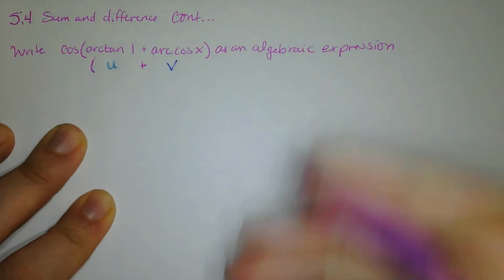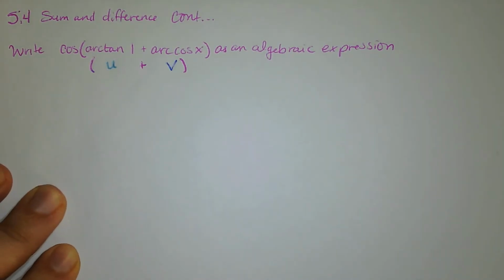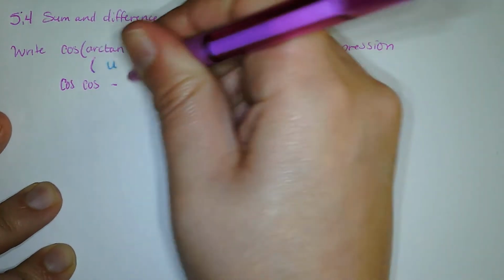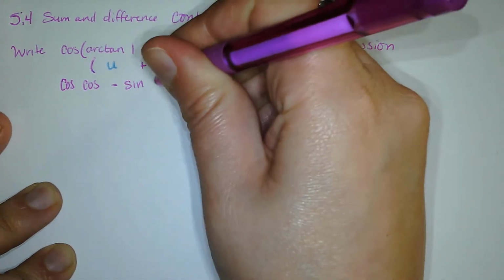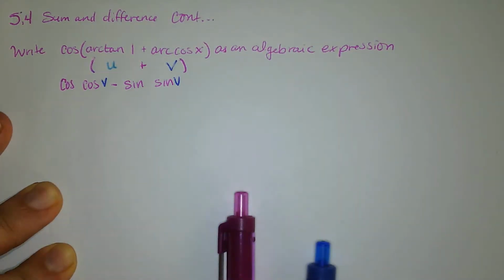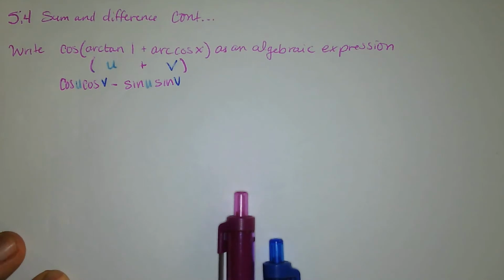And let's go through this. So the cosine of U plus V is cosine U cosine V minus sine U sine V. So let's write that out. Cosine U cosine V minus sine U sine V. Okay.